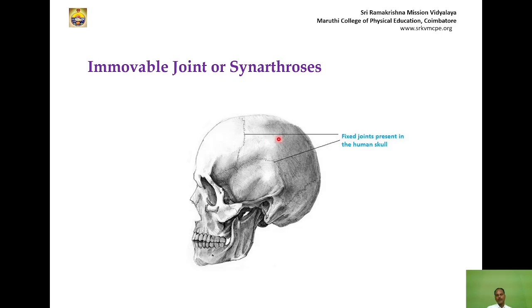There is no movement possible, but the joint is there because two bones are joined together. That is called a joint, but there is no movement possible because of the fibrous tissue. So this type of joint is called an immovable joint or synarthrosis.